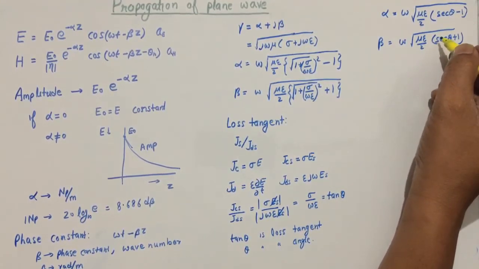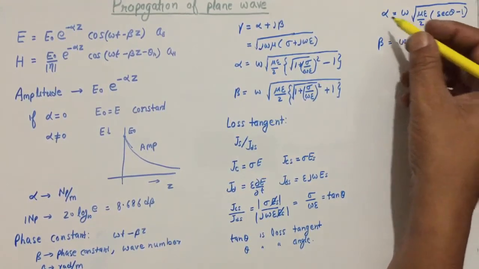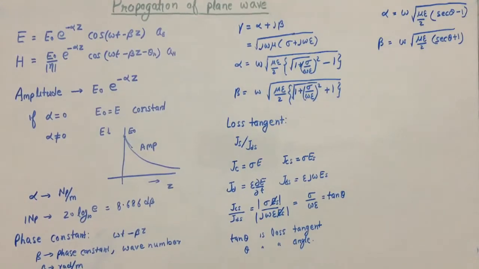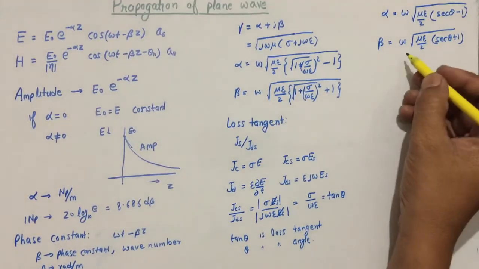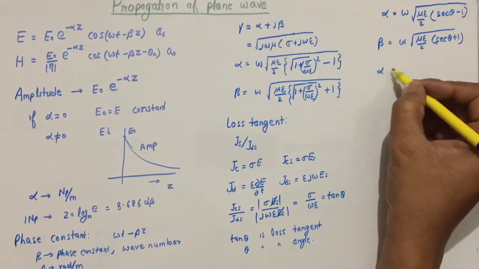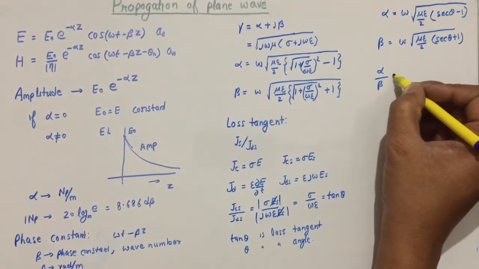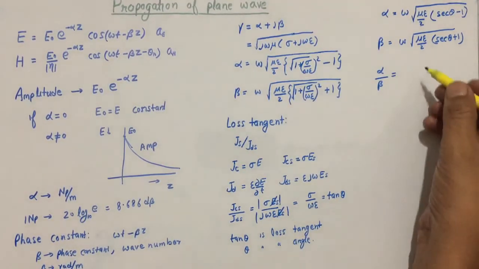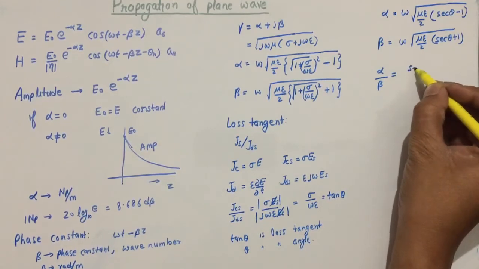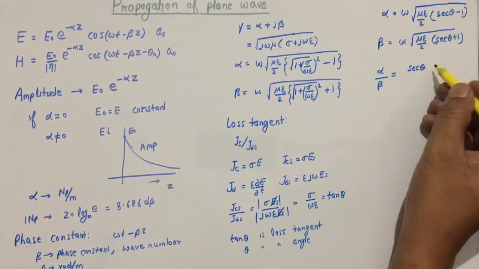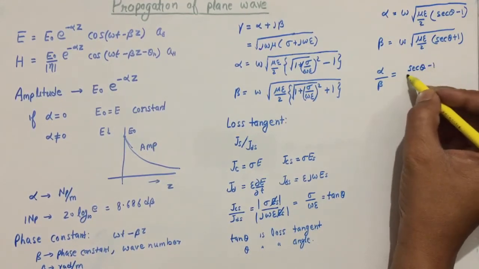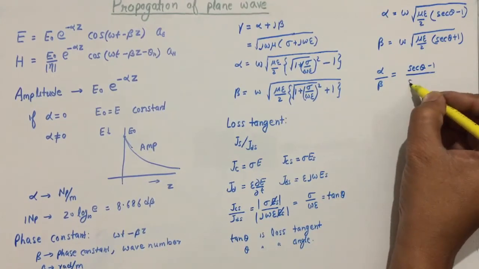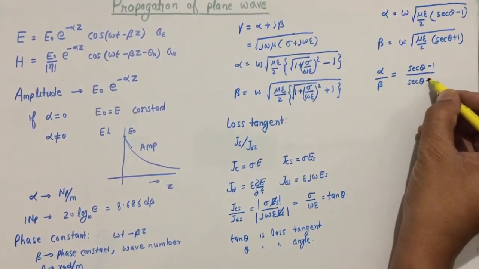Okay. Now if we divide alpha by beta, then we can find a simplified result, that is alpha by beta. That will be sec theta minus 1 divided by sec theta plus 1.